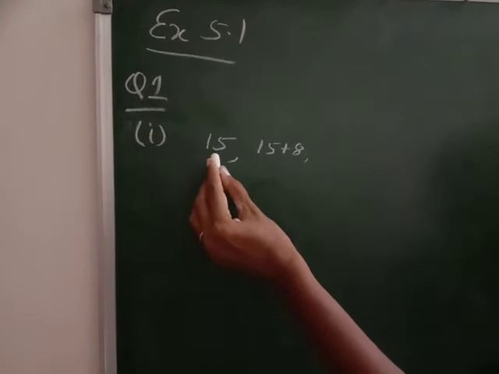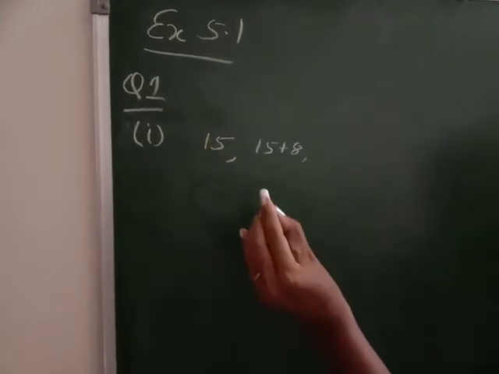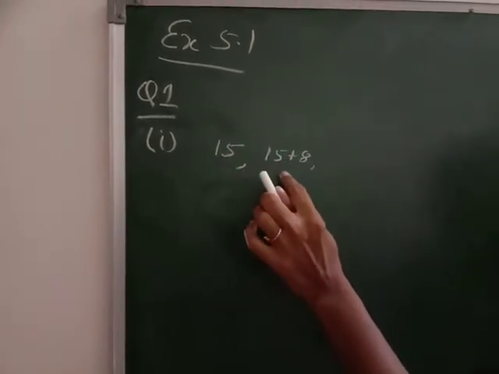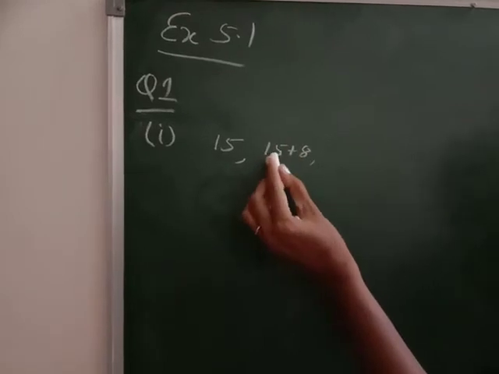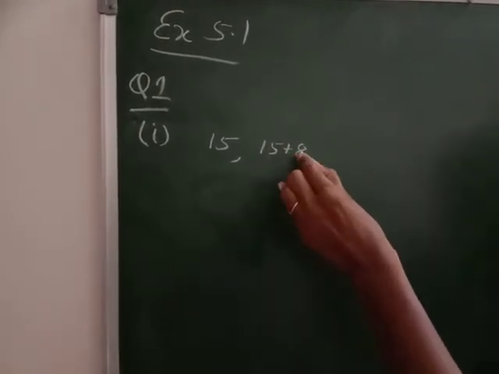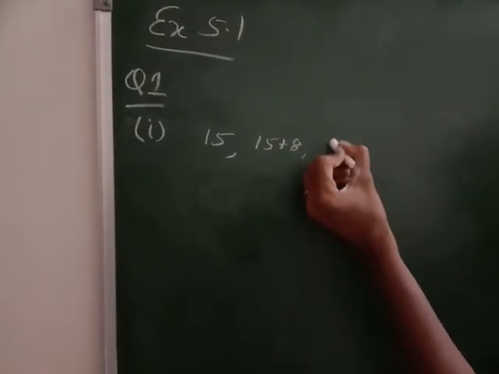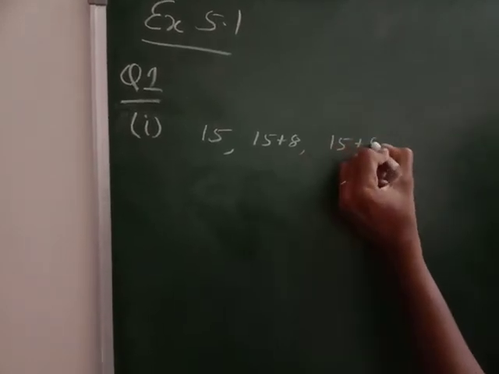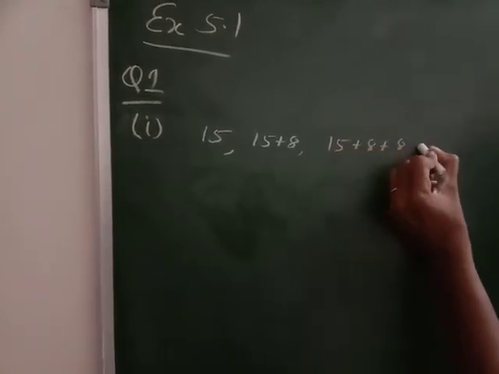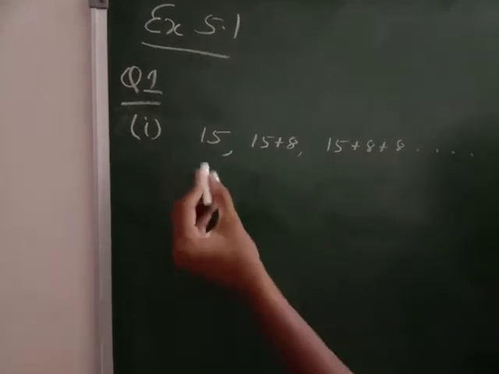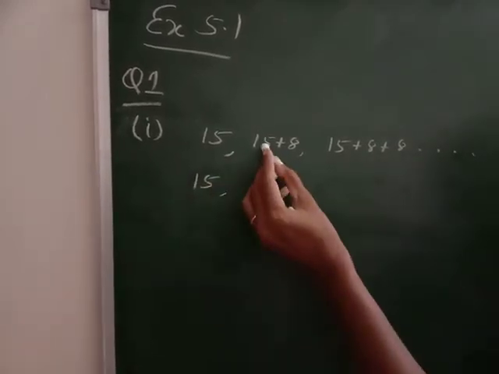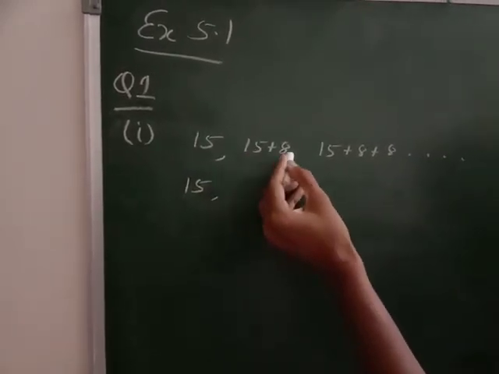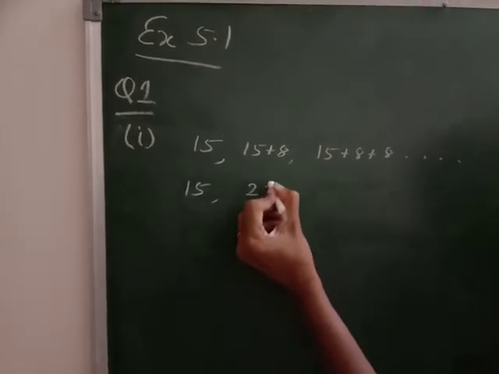Now after that he is taking 8 rupees extra for each kilometer. That means if I am going for 1 kilometer, I have to pay 15 rupees. But if I am going for 2 kilometers, then I have to give 15 plus 8. If I am going for the third kilometer, then I have to give 15 plus 8 plus 8 and so on. So what is my first term? 15. What is my second term? That is 15 plus 8, that is 23.